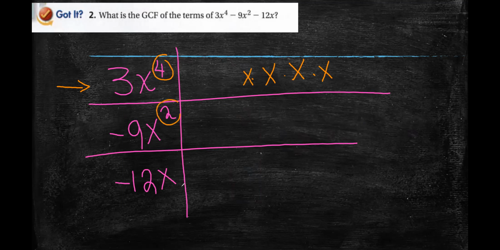Look at the second one. How many x do we have? 2. The last one? 1. Okay. Then now I will go to the numbers. Look at the first one. What is the number that is written here? 3.